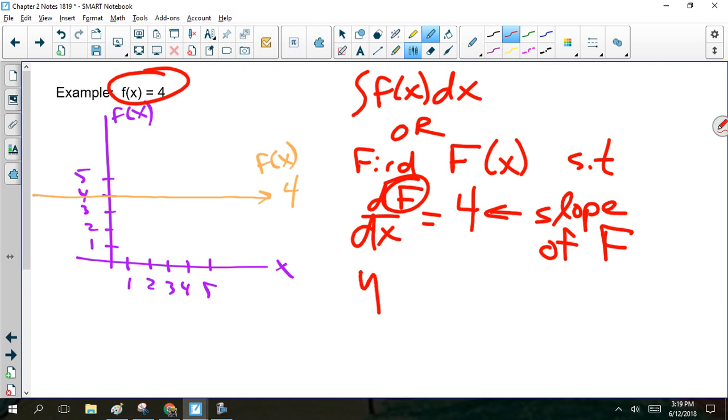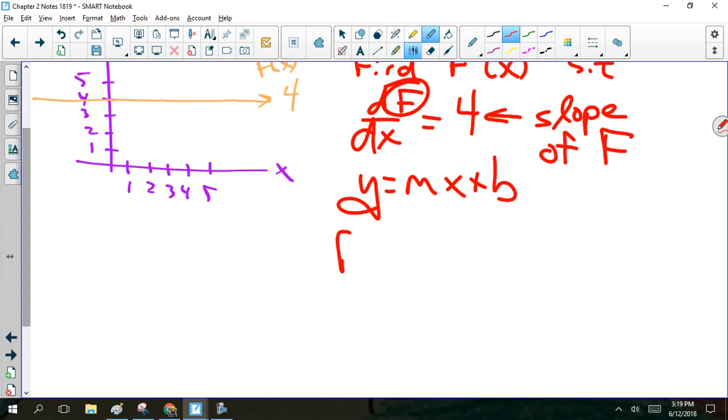Oh, well, y equals mx plus b. Or for us, F of x equals 4x plus some y-intercept. Now, in calculus, this b might not necessarily be the y-intercept. It happens to be here, but we don't know what it is. So I'm going to put a little placeholder, c. And in calculus, this is what you'll usually use, is c.